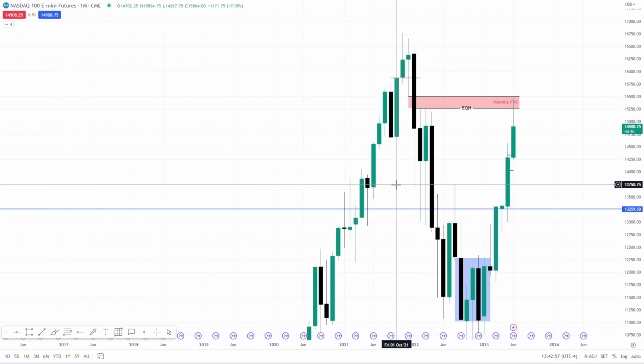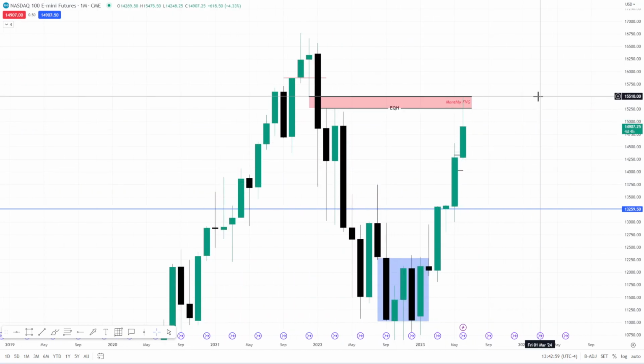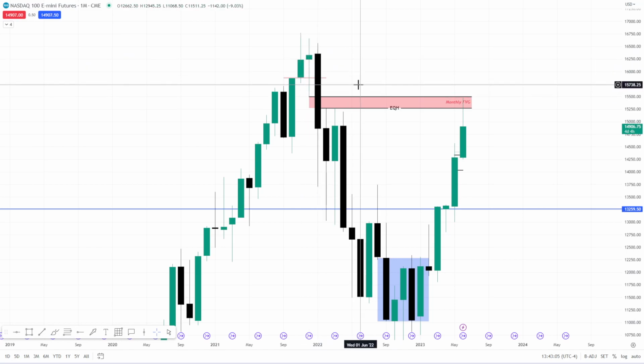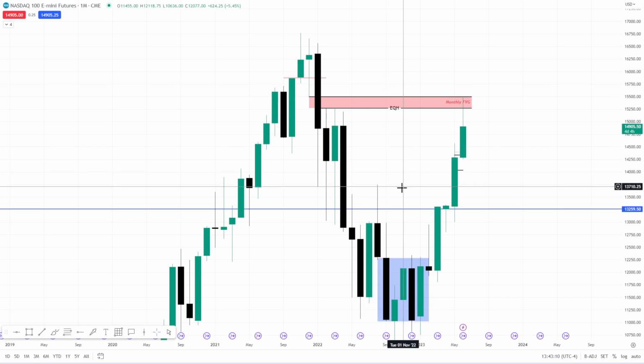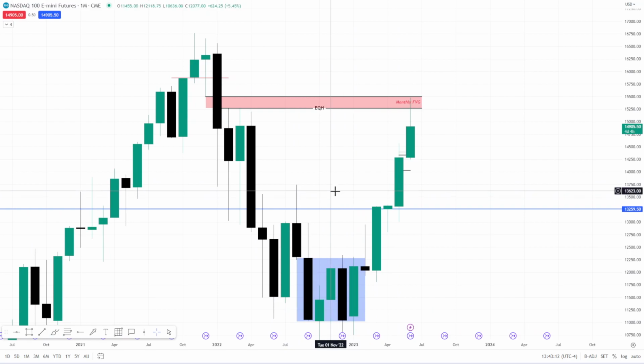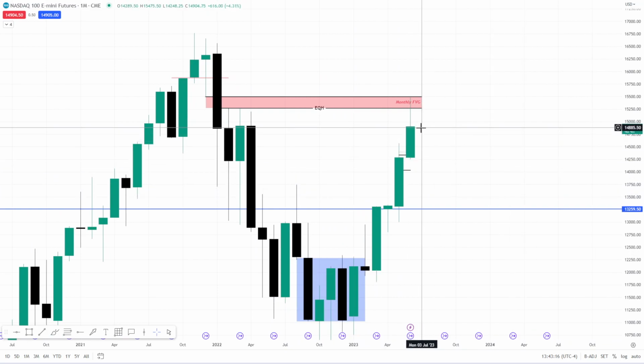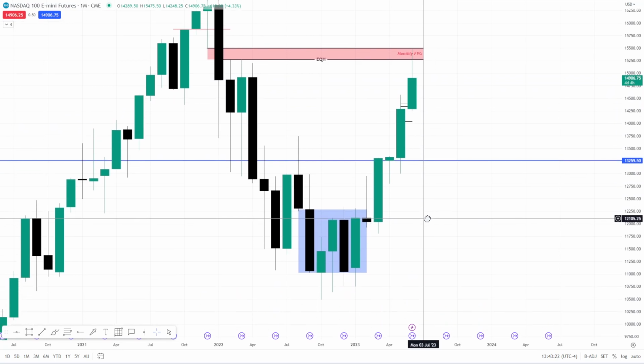And the month. Okay, so the month. We haven't got into this order block yet. Okay, there's 4 days left. So we could close where we come back down here again.